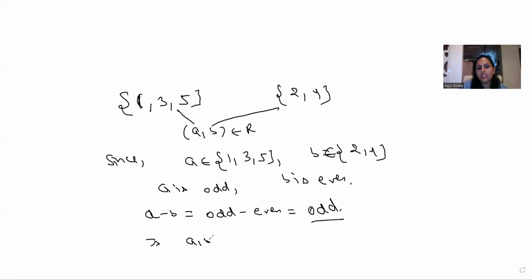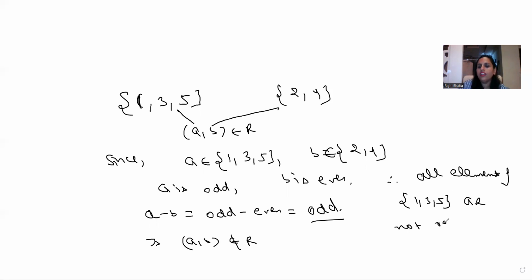This implies (A, B) does not belong to R, and therefore we can conclude that all elements of {1, 3, 5} are not related to {2, 4}. Hence, proved.